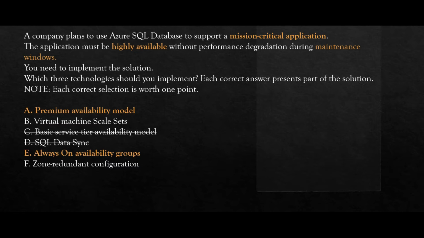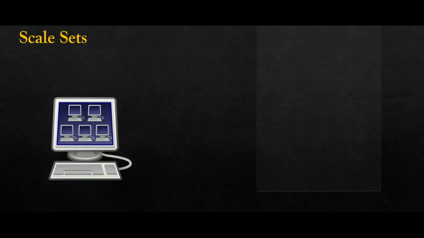technologies. Now let's jump into option B, which is virtual machine scale sets. So now it is important to understand what is a scale set. A scale set is just like a virtual machine, and in terms of the AWS world, this is your EC2 instance. Now the main purpose of scale sets is twofold.